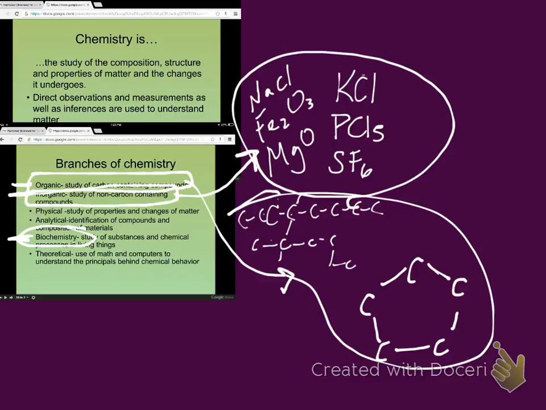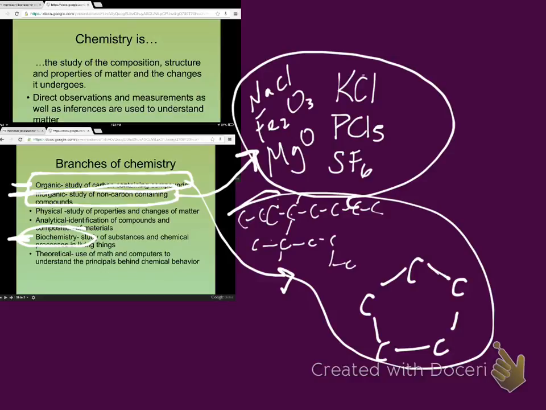So that's analytical chemistry. We have a chunk of something, we don't know what it is. Let's compare it to known chemicals. That's analytical chemistry. Labs use a lot of analytical chemistry. If you have had any kind of blood work done, if you've ever been admitted to the hospital or had surgery or just had regular routine blood work as part of a physical, some of that would be analytical chemistry.